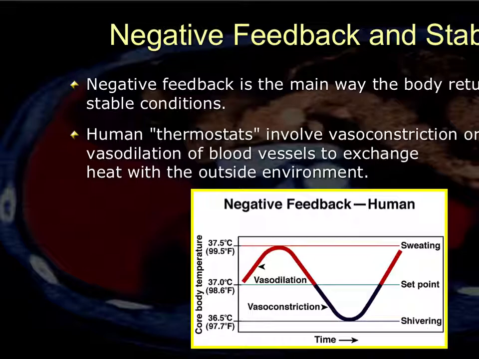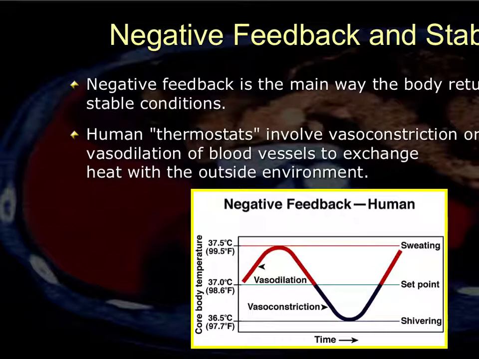So our blood vessels, primarily arteries, that go out to our extremities can dilate, get bigger, and can constrict, get smaller. If you are hot, you're going to want to dilate those blood vessels, get the blood to the surface, close to the skin, so that you can release heat and lose heat. So vasodilation happens if you're hot. Once the vasodilation and the sweating kick in, it's going to bring your temperature back down, back to that set point.